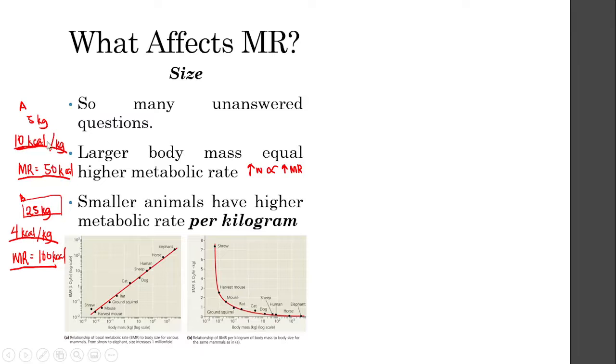So what they're trying to explain is that smaller animals tend to use more energy to keep their body warm. That's one of the hypotheses that a lot of scientists are thinking. But until this day, we have not answered the question: why is this true? We know that this is true, but we don't know the reason why this happens.